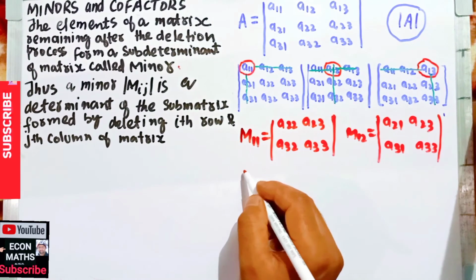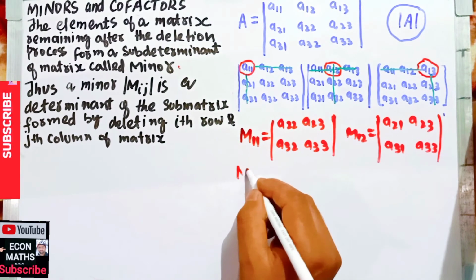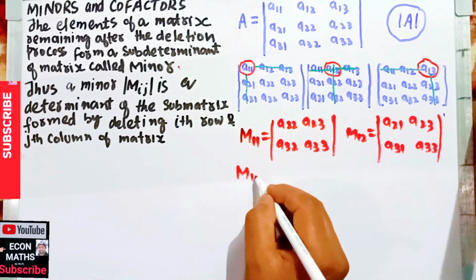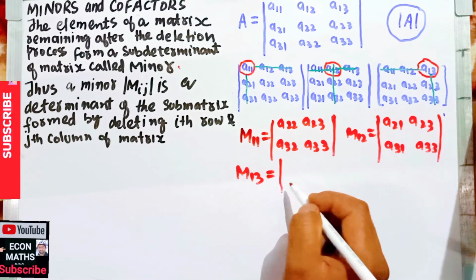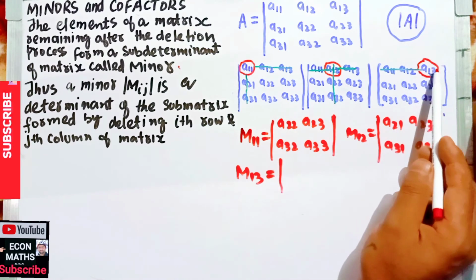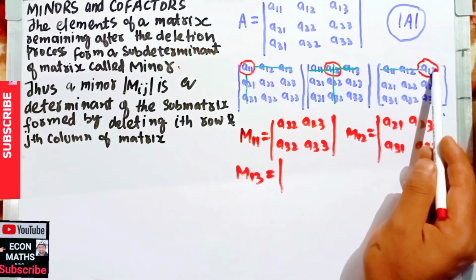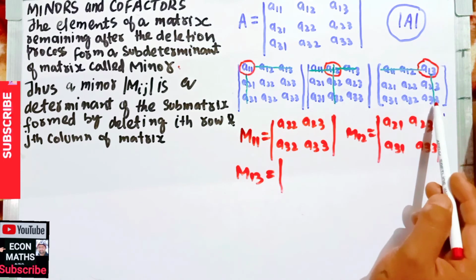Similarly, the third minor is M13, which is found by deleting the first row and the third column.